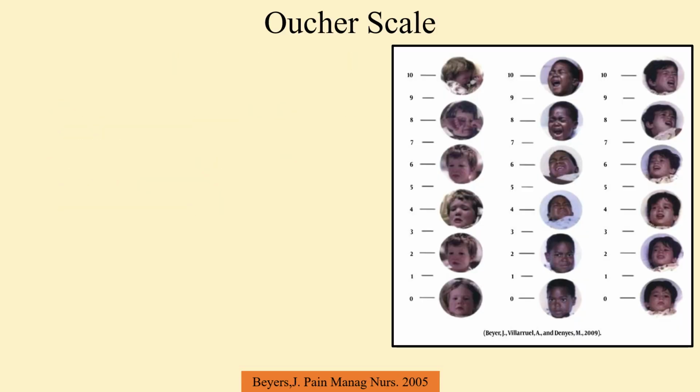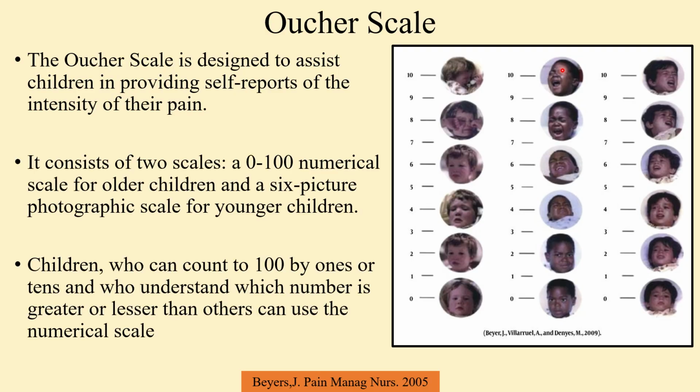The next scale that is commonly used in the pediatric population is the Oucher scale. The references are provided below here. As you can see on the right, this scale provides images of various kids and their expressions. Then the children have to choose whichever expression is nearest to how they feel. So it's a self-reporting of the intensity of the pain, similar to what we did before.